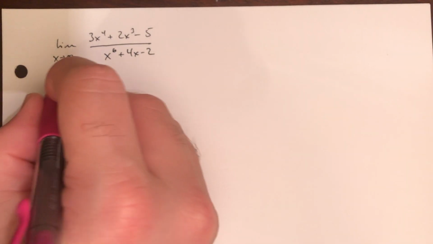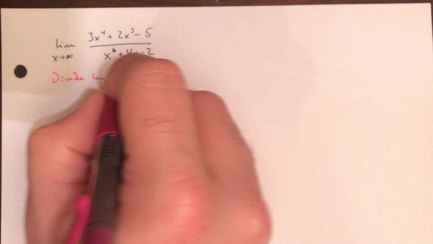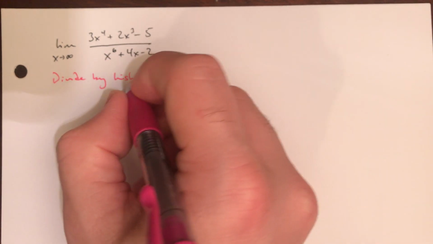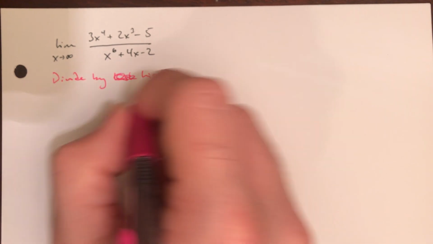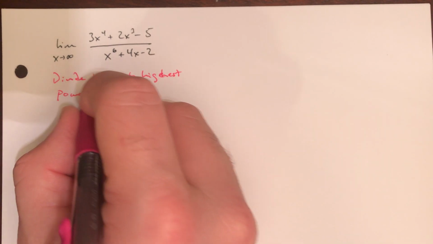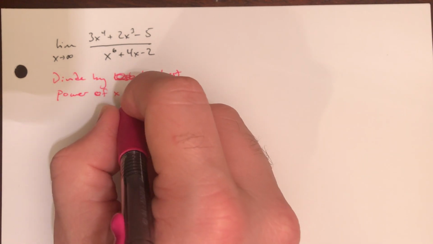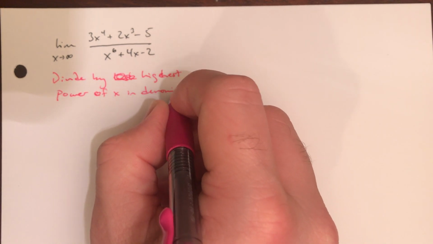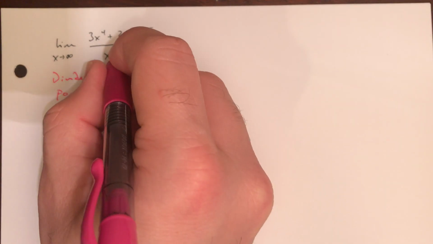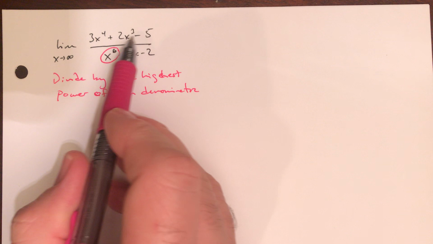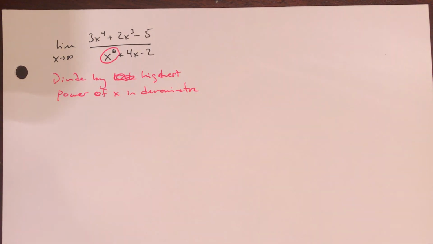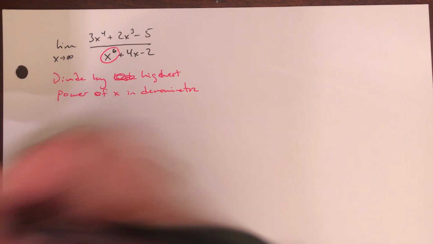We're going to divide through by the highest power of x in the denominator, and that is x to the 6th. We're going to divide every single term in our fraction by x to the 6th.